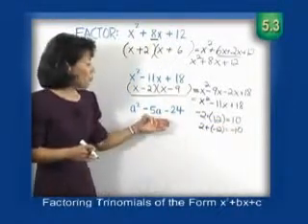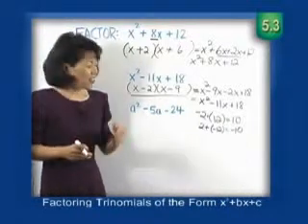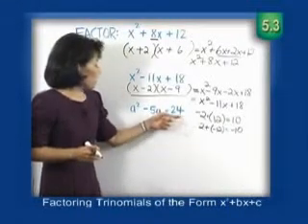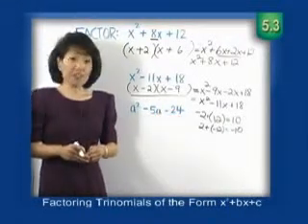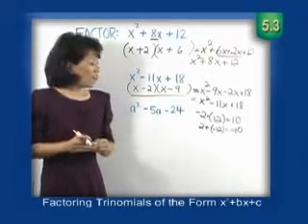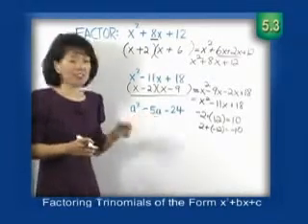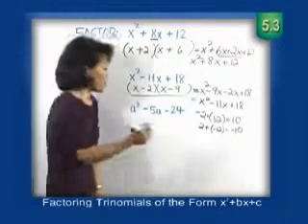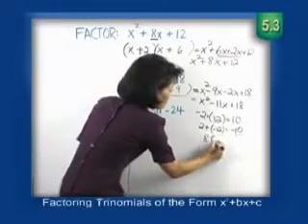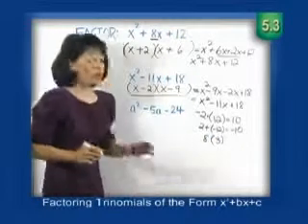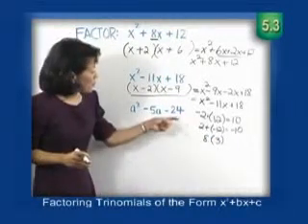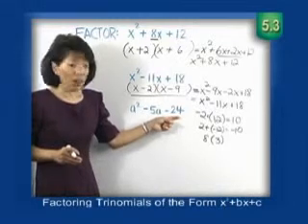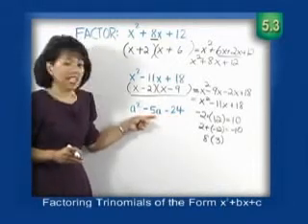Now, the more you do this, the easier it will become. So let's think to ourselves again. What two numbers have a product of 24? Now think product 24, but at the same time you want some kind of difference of -5. How about 8 and 3? Now again, one of these has to be negative because we want this -24 product, and at the same time we want a -5.